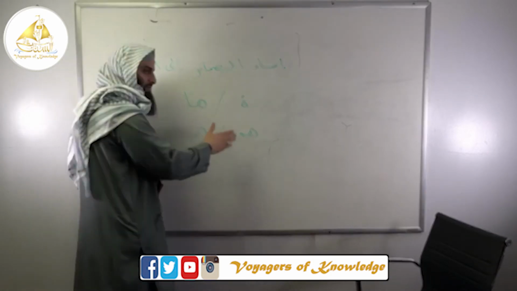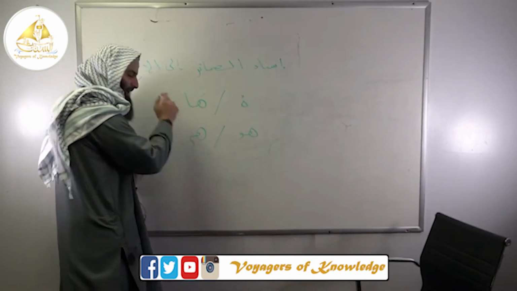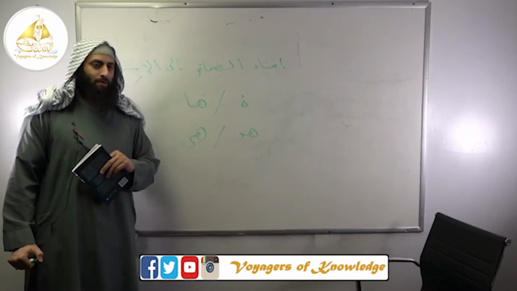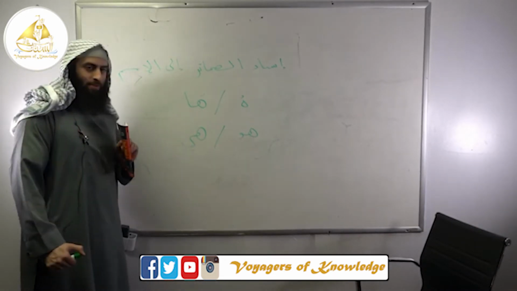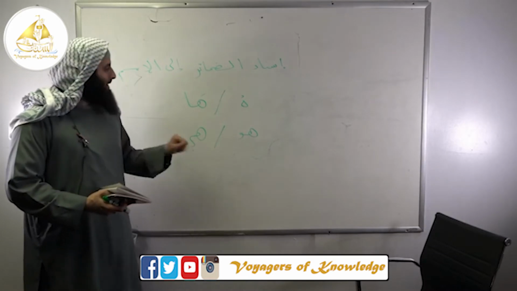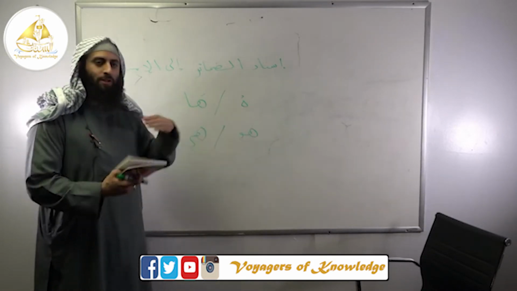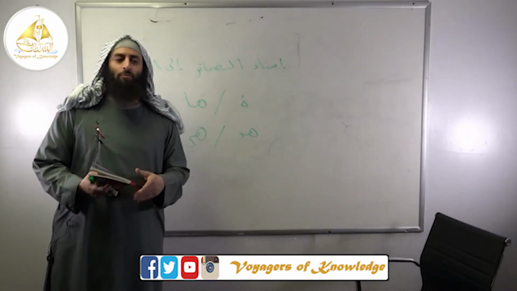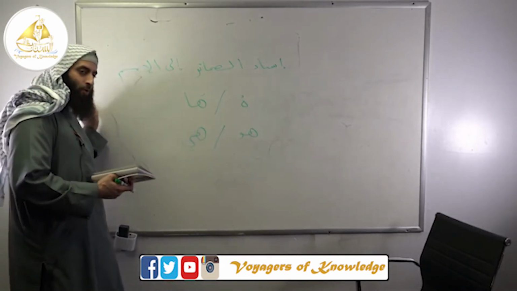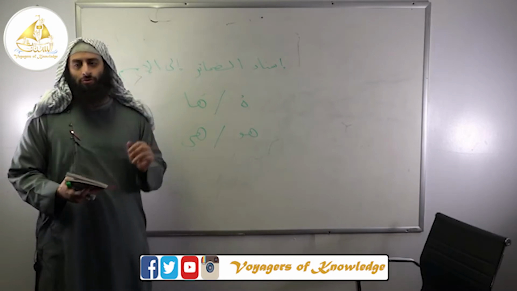Huwa rajulun. Hiya imra'atun. He is a man. She is a woman. All right? So huwa, hiya. By adding hu to the end of a word, you're making it his. And by adding ha to the end of a word, you're making it hers. Right?